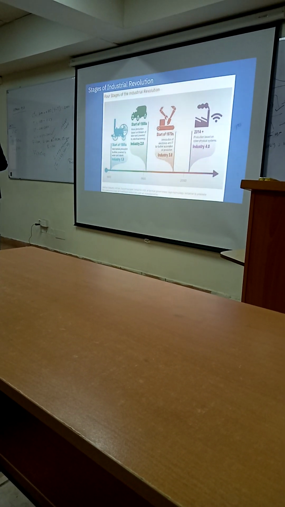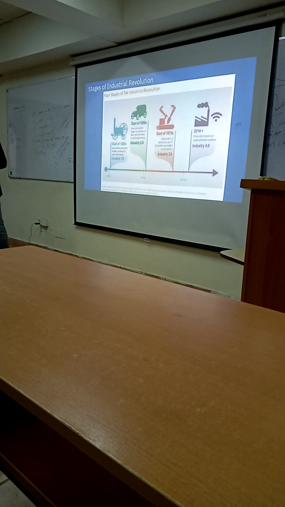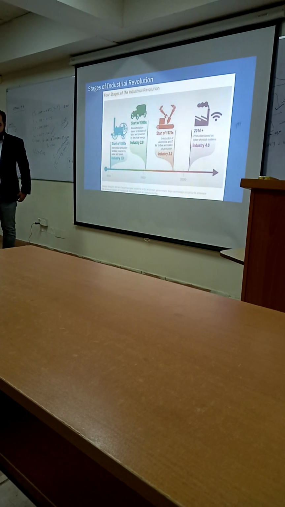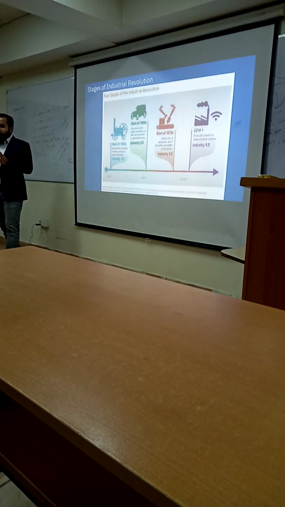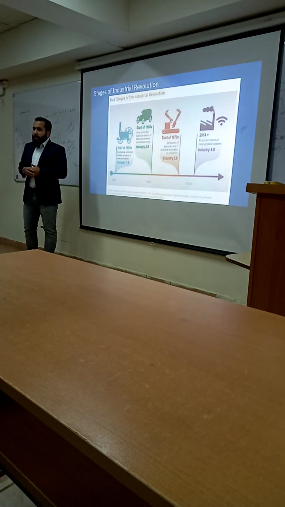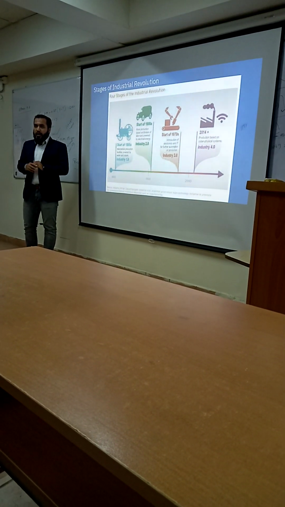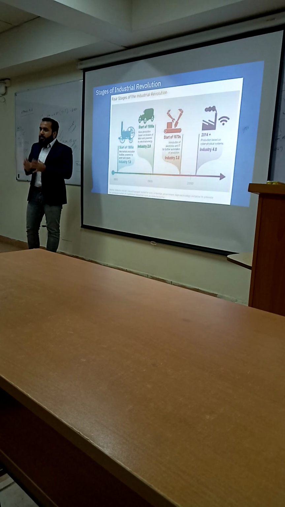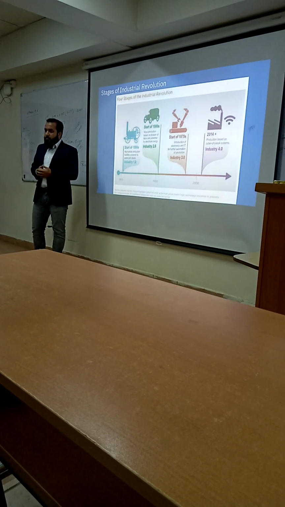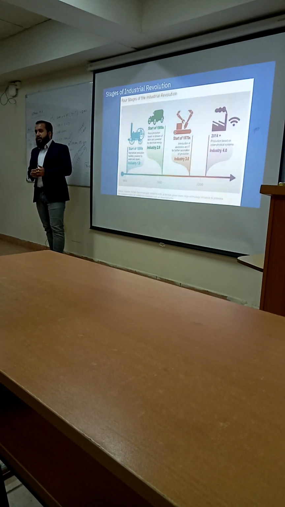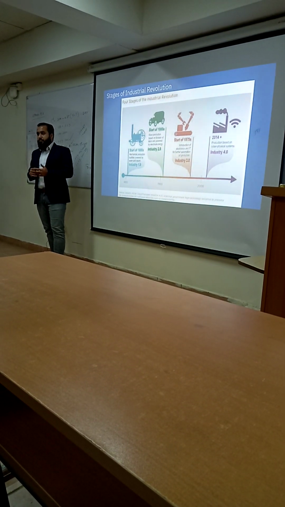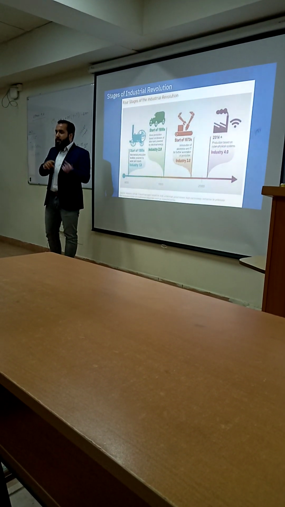Industrial revolution 4 actually started in 2014. The main backbone of industrial revolution 4 is AI. The concept of AI started much earlier, but the real buzz started when IBM introduced IBM Watson.